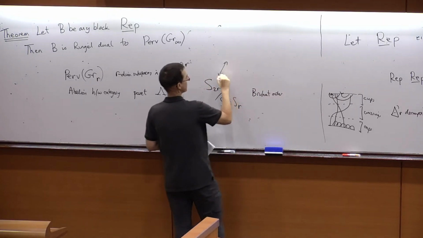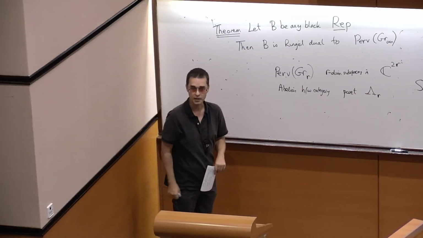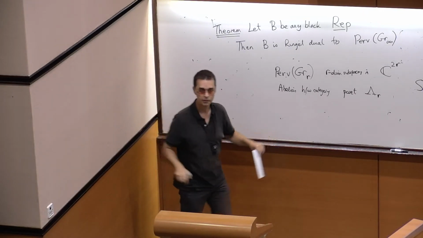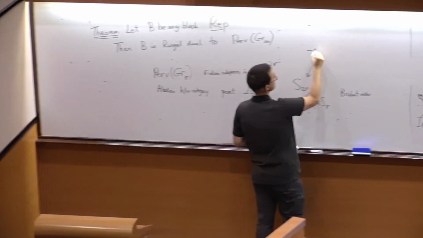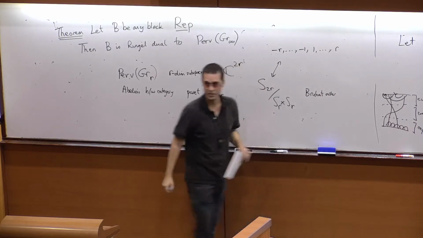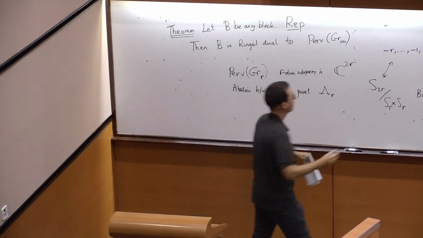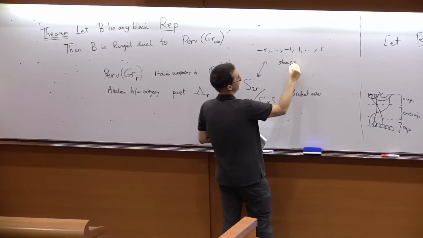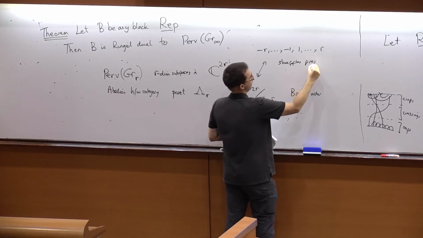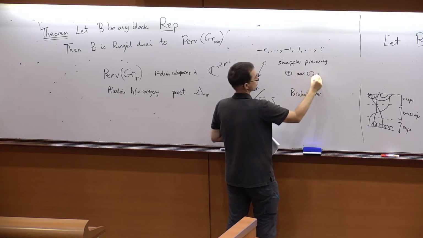And I'm not going to think about permutations and cosets or anything. This is something totally easy. These are kind of shuffles. So if I write minus r through to minus 1, 1 through r, you can take that sequence and shuffle it, preserving the plus and the minus orders.